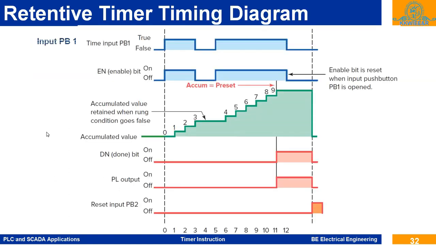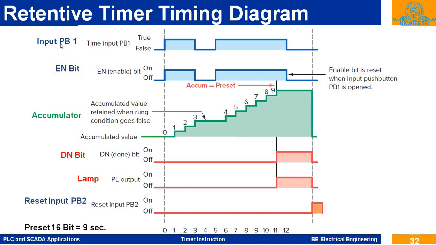Okay, now we go for the timing diagram. Again here in this case, the push button is shown on a separate line, then enable bit, accumulator, done bit, output lamp, pilot lamp, then reset push button. Preset is 9.